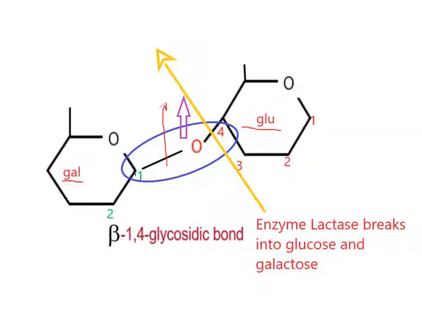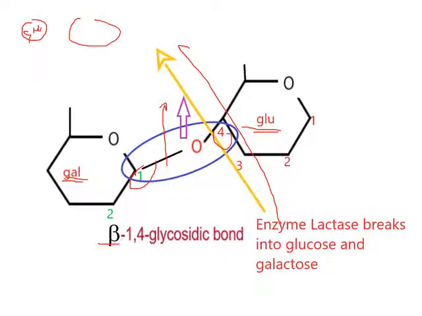And now the oxygen is pointing up, so it's beta. But it's the same thing, 1,4. Okay, beta 1,4. Galactose, glucose. And there's an enzyme that can break this apart into galactose and glucose.